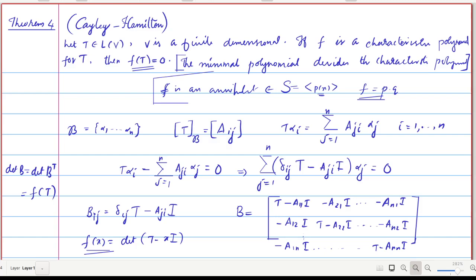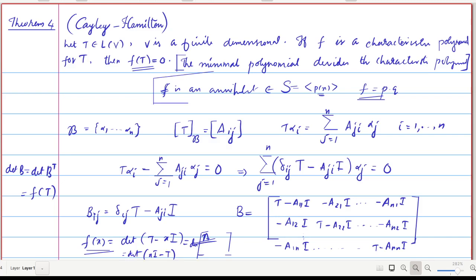So f of t will be the determinant of the matrix xI minus t, where instead of x we use the operator t.